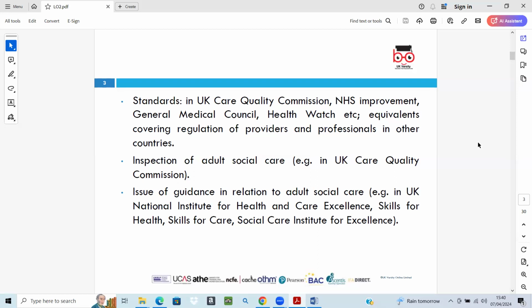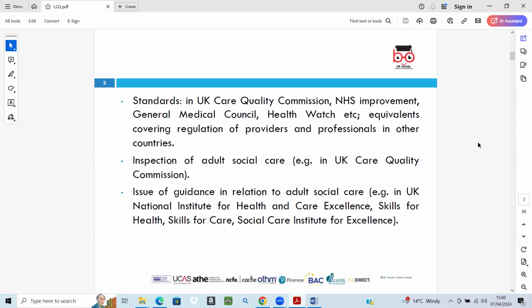What is CQC? CQC is the independent regulator of health and adult care in England. It ensures that the care services provided by hospitals, care homes, and home care agencies meet the government standard of quality and safety. If you go to the website of CQC, you find the grading, like A, B, C, for any care home or hospital, even GP services.